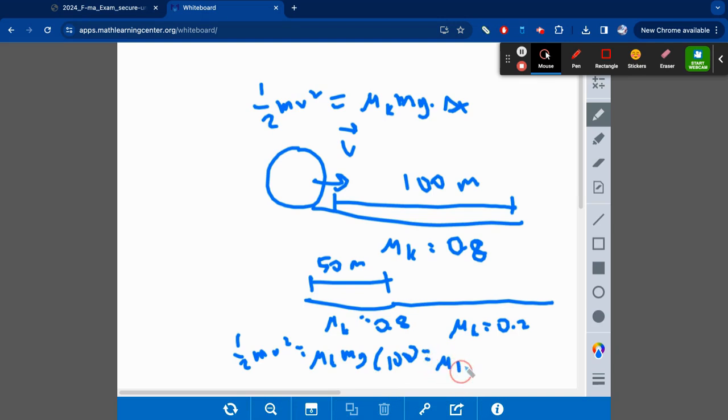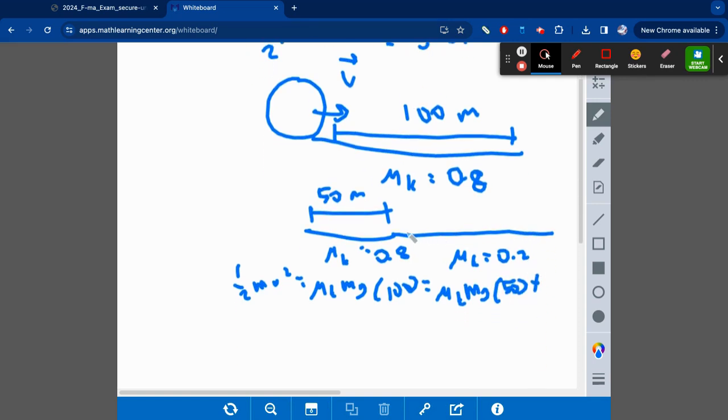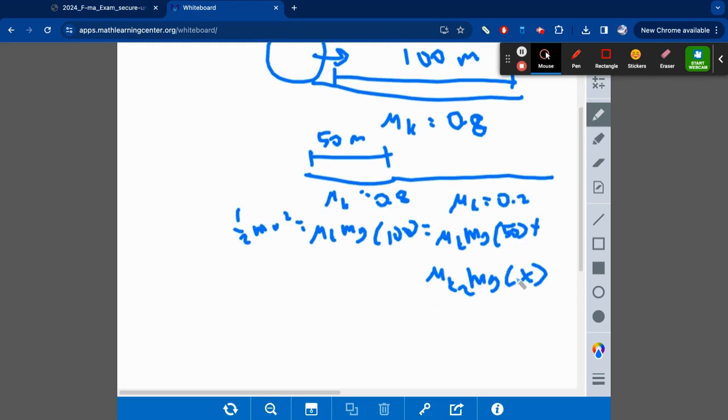So now for this, we know that 1/2 mv squared, which is mu k mgx, where x is 100, equals mu k mg times 50 plus, now how much work is required to stop the rest of the energy with a new mu k2. Okay, that's all we're asked to find. So, if we plug these in now, we can cancel out m, we can cancel out g.